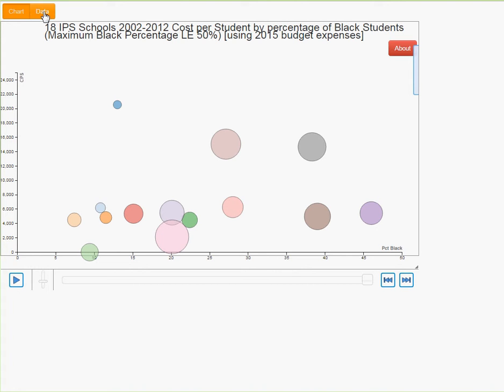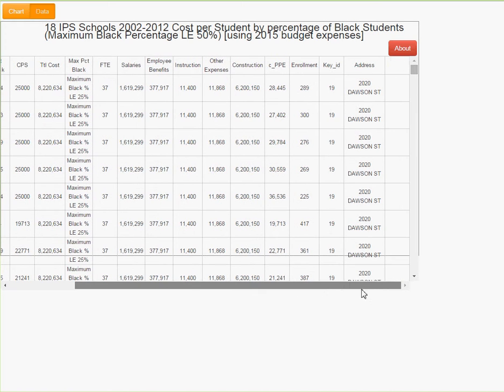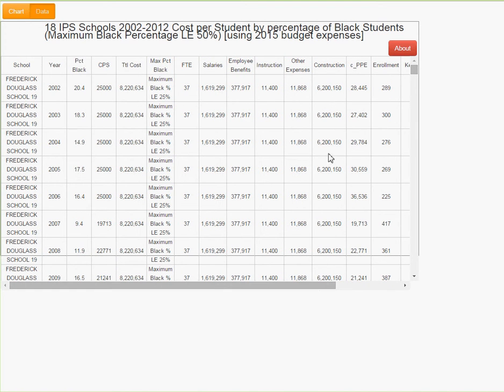See if I can get to them. Okay, there it is. And you scroll over that and you can see the data that is behind the charts.